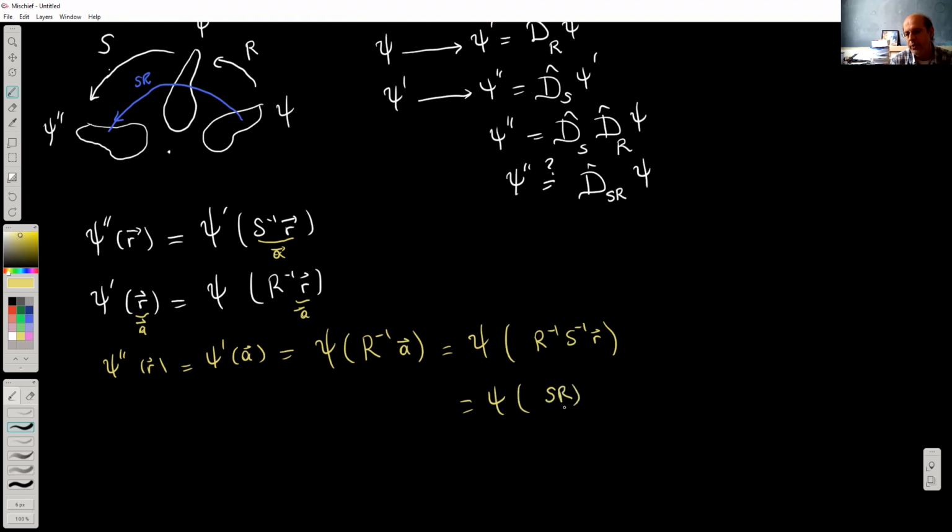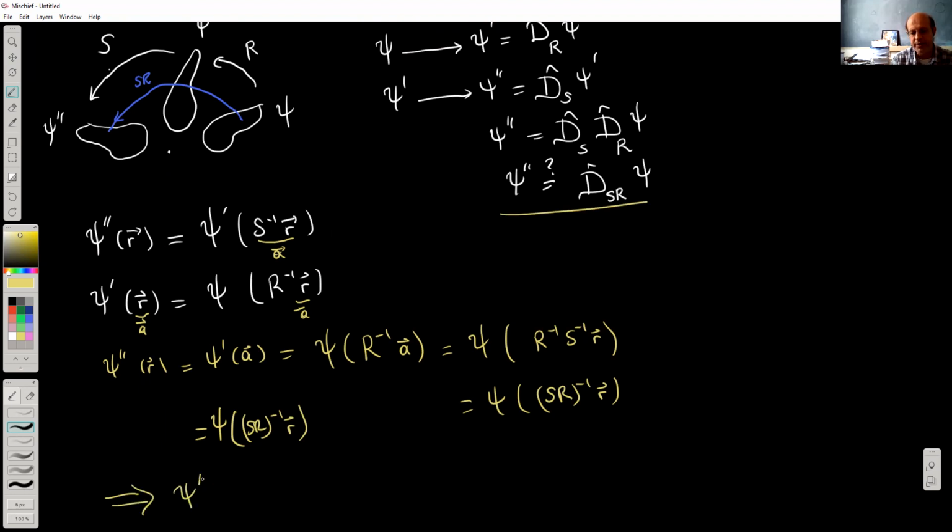It's actually the inverse of the SR product. So yes, indeed, the second wave function can be written in terms of the first wave function as this expression, which then shows that this statement is true.